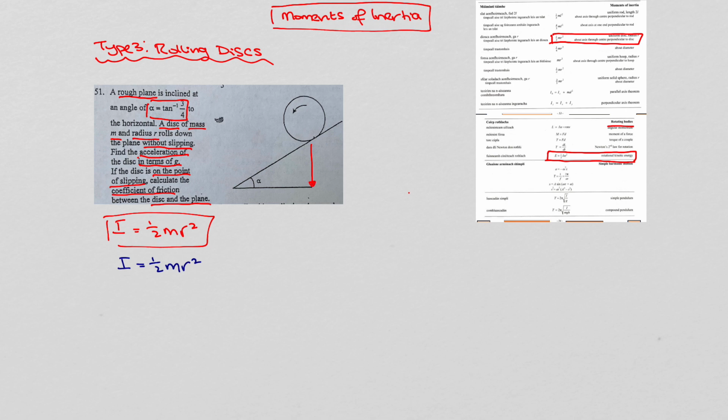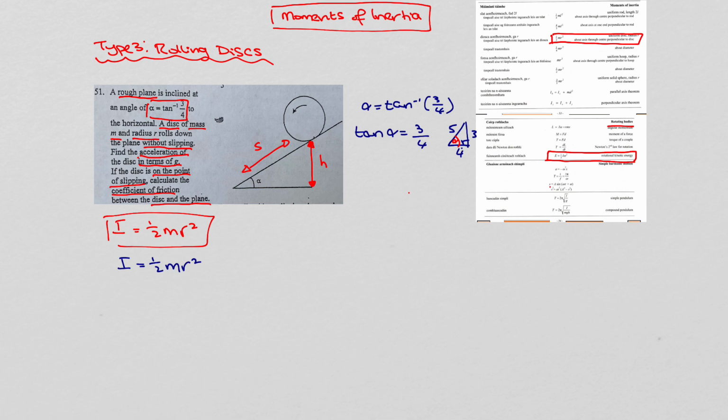So the height above the horizontal, if it travels a distance of s down the plane, then we can say that if alpha is equal to tan inverse of 3 over 4, that means that tan alpha equals 3 over 4. And if we draw our right angle triangle, we have opposite, adjacent, and it's our favourite Pythagorean triple.